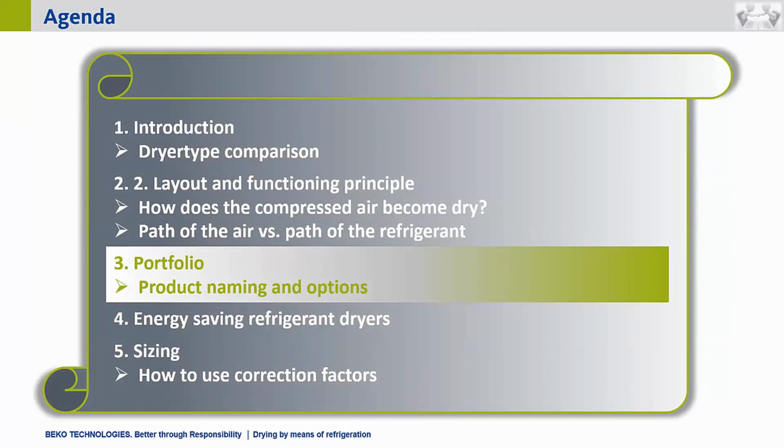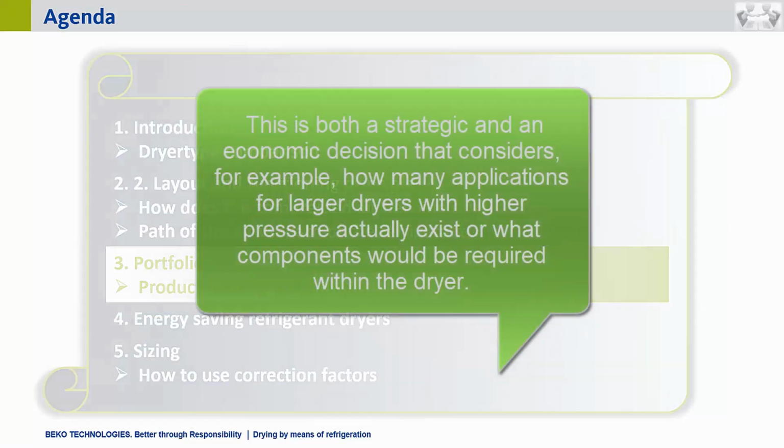For bigger ones, we have only 14 bars. And the question is, are these 2 bars really so difficult to achieve? Or rather, is it that 15 or 16 bars are so dangerous for the heat exchanger?